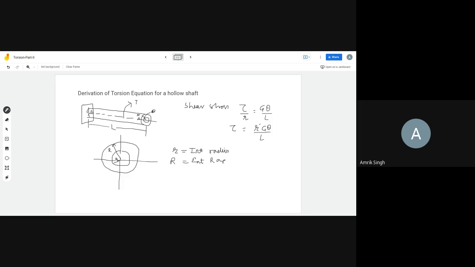Right. So let us consider an elemental ring, this dotted one.